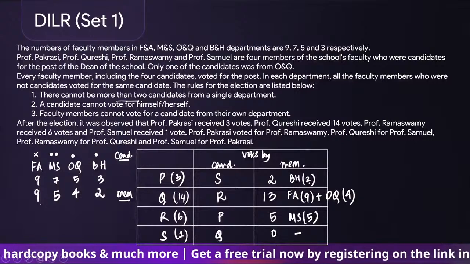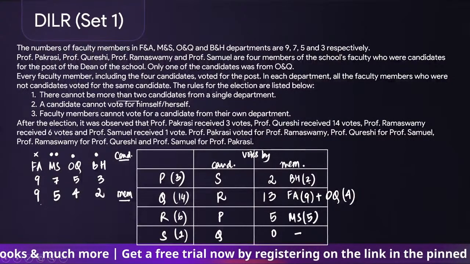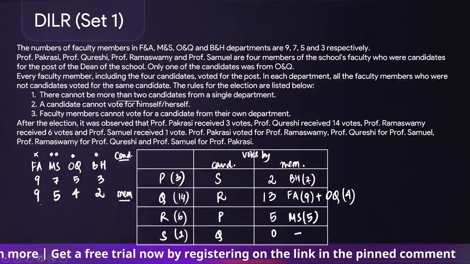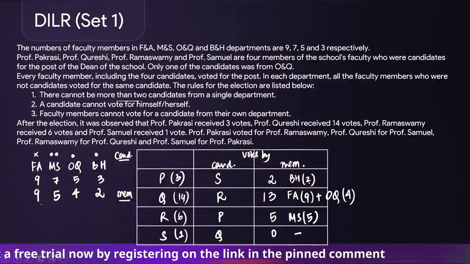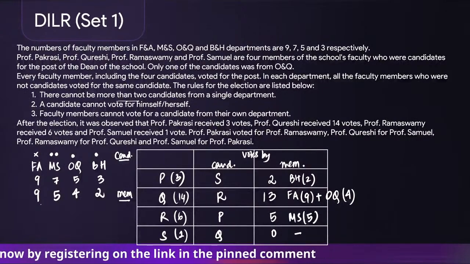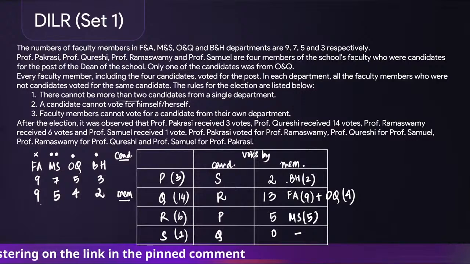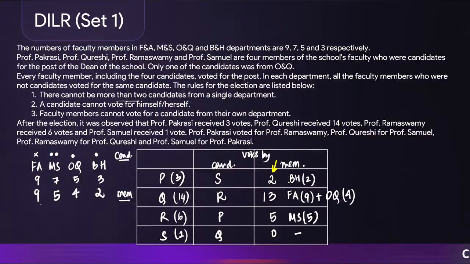Similarly for R, 1 out of 6 votes of R, 1 vote was from P. बाकी 5 votes MS से आएंगे. ठीक है? So logically what we had to understand here was कि you need a 2 and you can't get a 2 except from BH. Right? So एक candidate BH का आएगा, एक candidate OQ का आएगा.